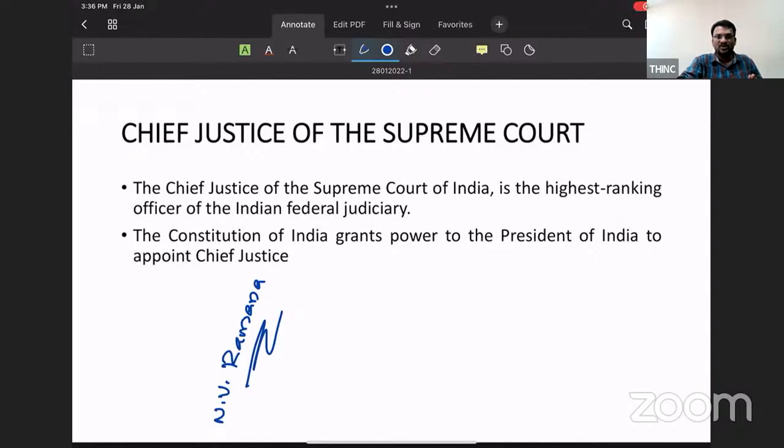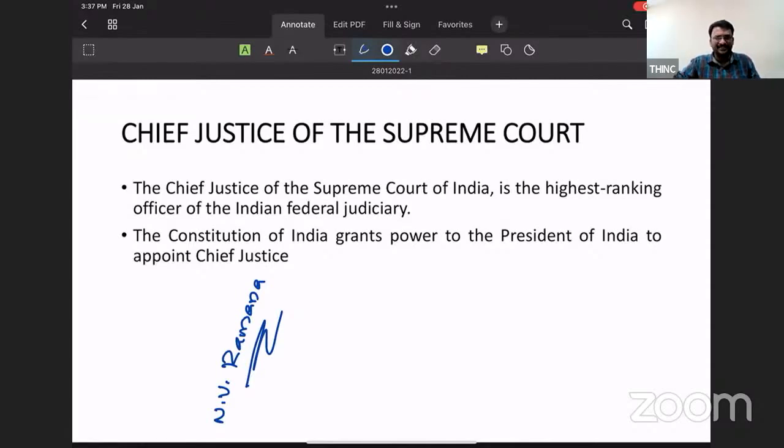Okay, so the Supreme Court is known as the guardian of the Constitution, and the Chief Justice of India is appointed by the President, and usually the senior-most judges are chosen as the Chief Justice. But in the course of time, earlier in the past, that convention or mechanism had some sort of changes, but now it is again the senior-most.